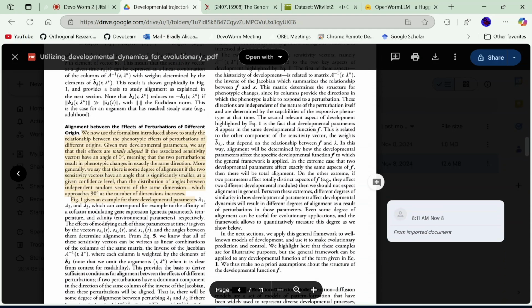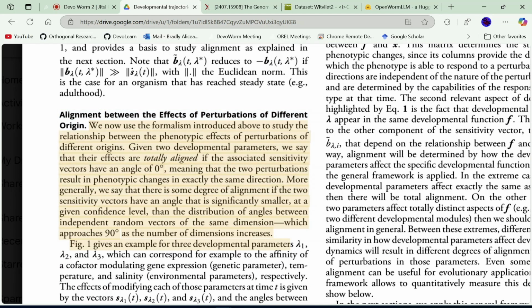Now they're going to talk about the formalism and how we might understand this in terms of these inner product spaces. "So we now use the formalism introduced above to study the relationship between the phenotypic effects of perturbations of different origins. Given two developmental parameters, we say that their effects are totally aligned if the associated sensitivity vectors have an angle of 0, meaning that the two perturbations result in phenotypic changes in exactly the same direction."